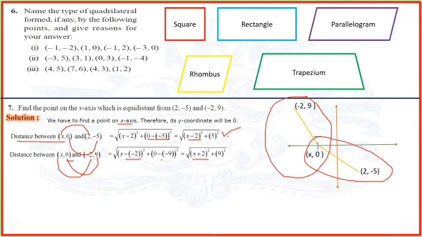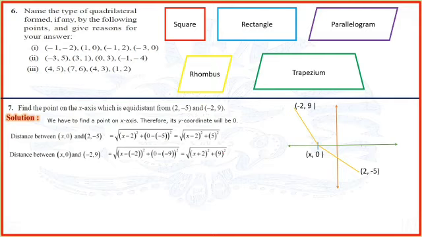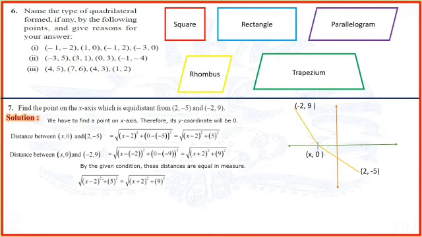Now as per the question's requirement, these two are equidistant. So that means these are equal in distance. By the given condition these distances are equal in measure. Therefore the left hand side is equal to the right hand side. Squaring both the sides, the square root will be cancelled.